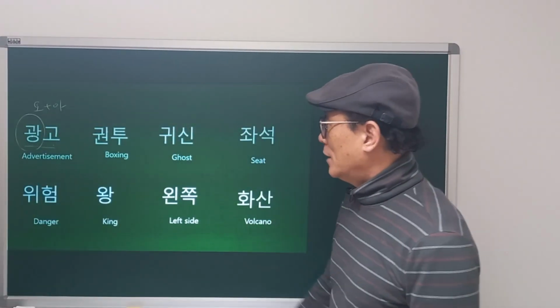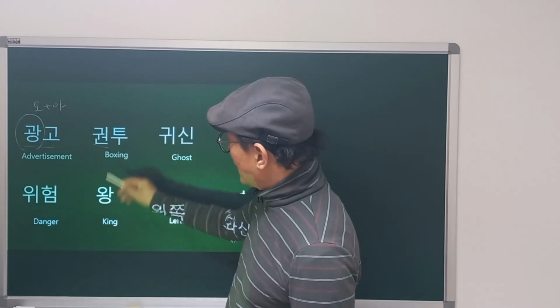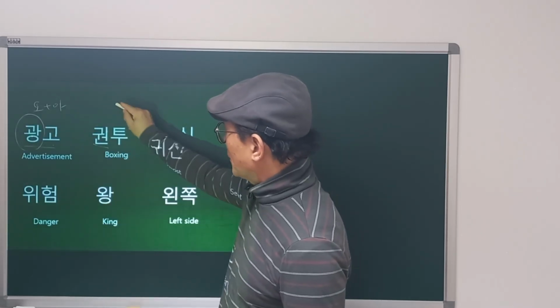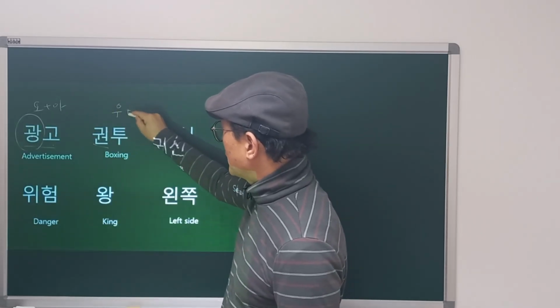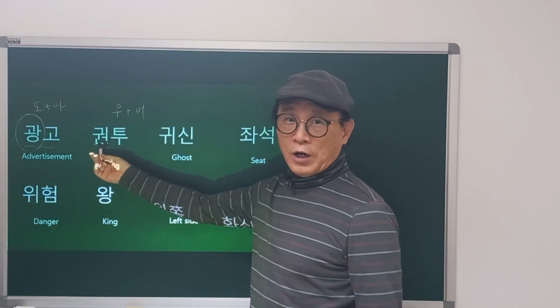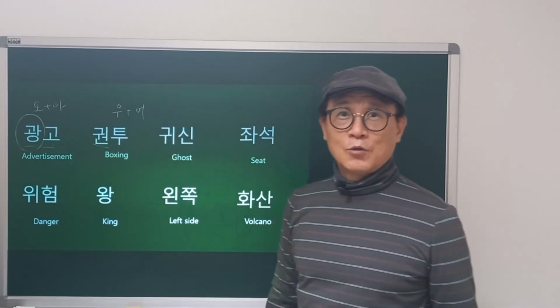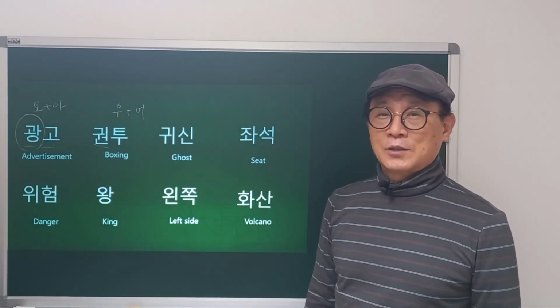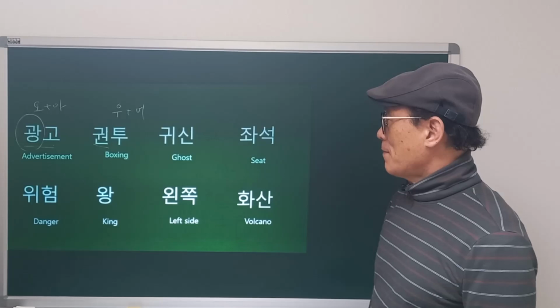How about this? Okay, these two. So 우 plus 어, right? 워. So 권투. Boxing.